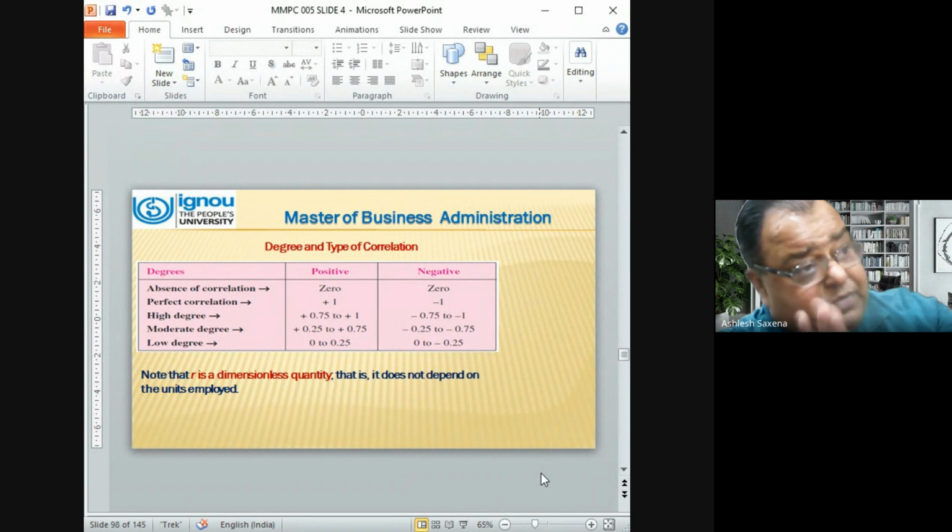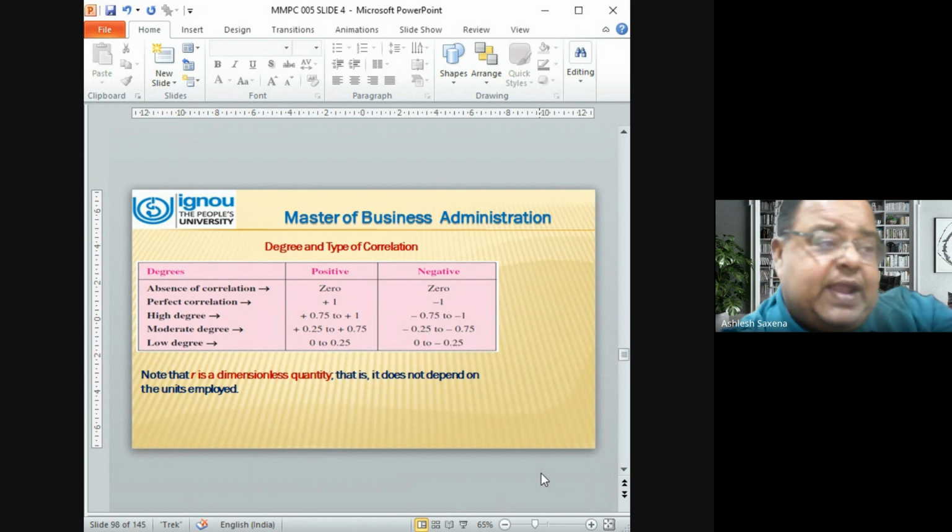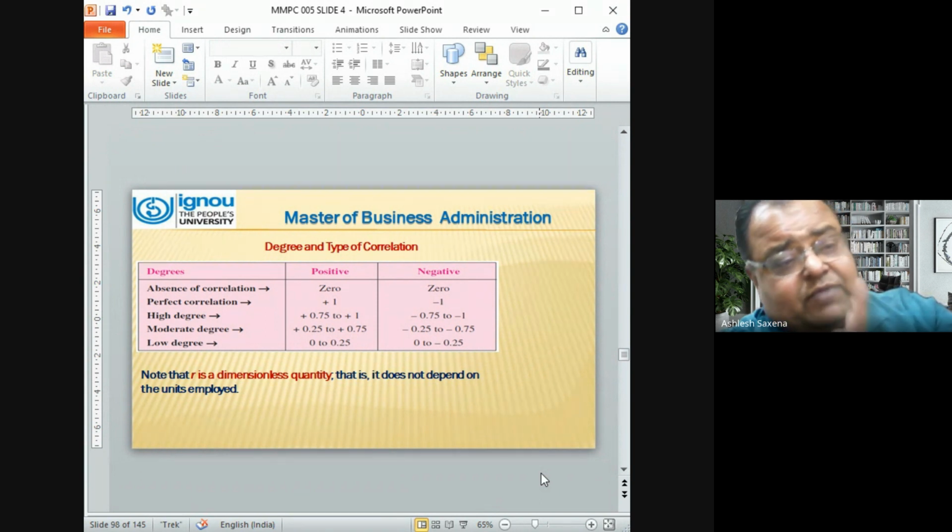And if we talk about negative correlation, it will be negative 0.25 to negative 0.75. And for low degree of correlation, its value will be from 0 to 0.25, or 0 to negative 0.25 for the negative correlation.